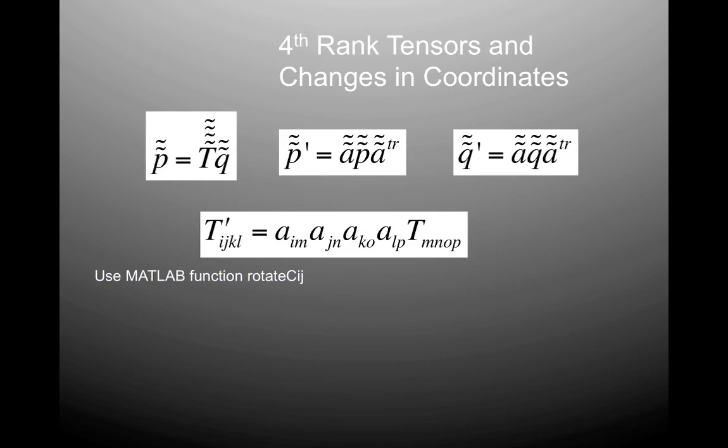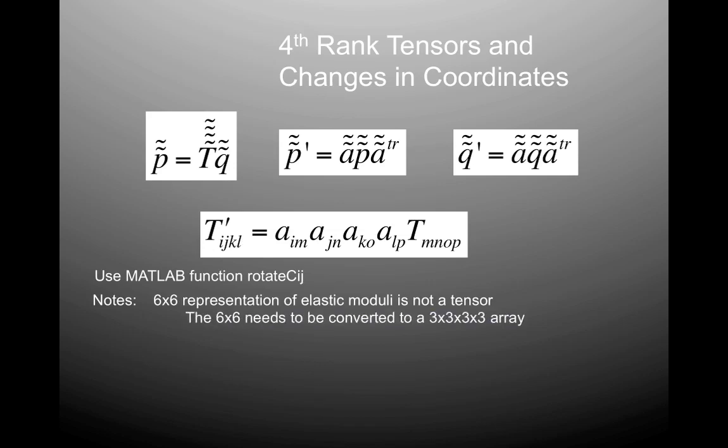I have a custom MATLAB function called rotateCij, which will perform the rotation as described in that equation. Now remember that the 6x6 representation of elastic constants was a convenience for mapping the unique elements of stress and strain into each other, but the 6x6 is not a tensor. So therefore, we need to convert the 6x6 into a fourth rank tensor, a 3x3x3x3 array of numbers, before we can rotate it.